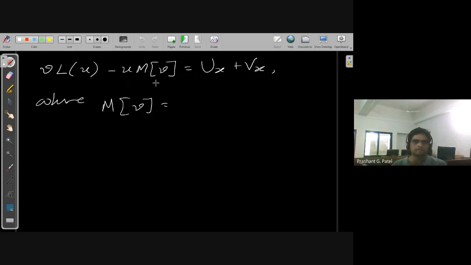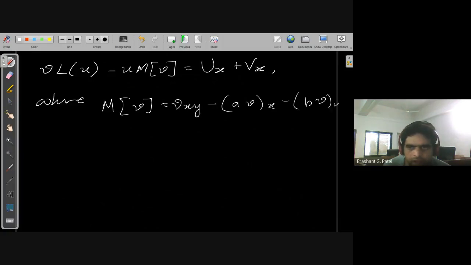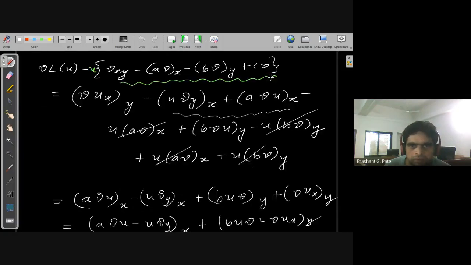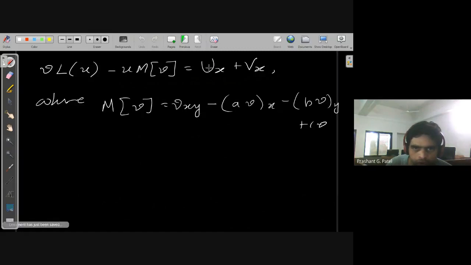So that is M of V is V_xy minus A V_x minus B V_y plus C V. That is from this. This function that we have here, we denote as capital U, that is capital U of x.